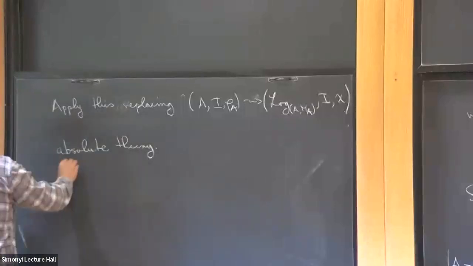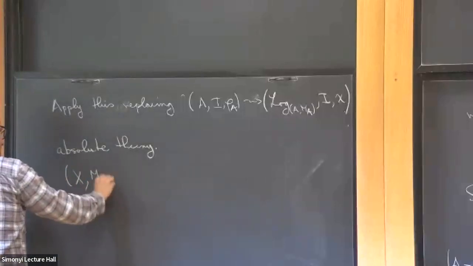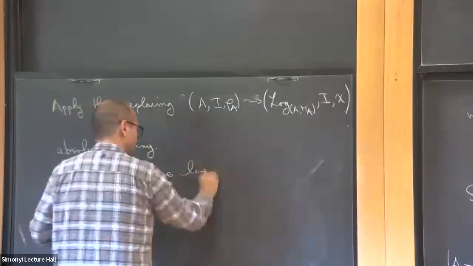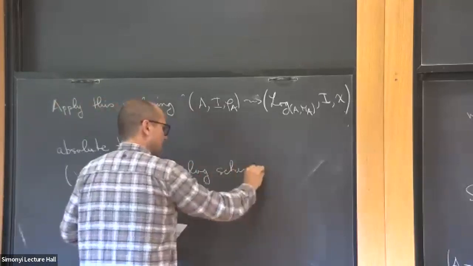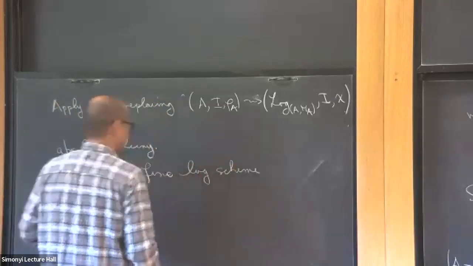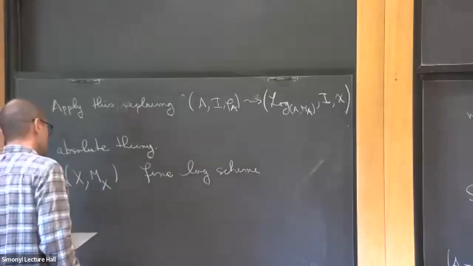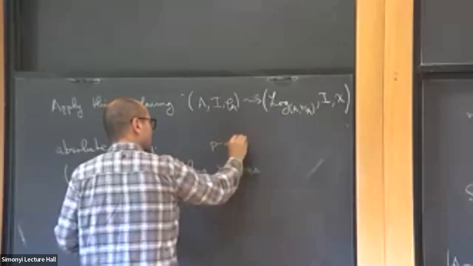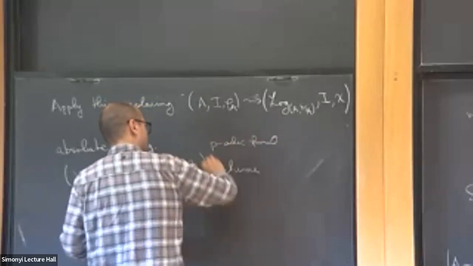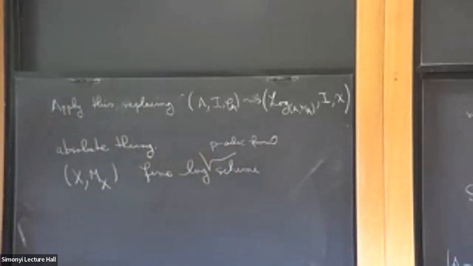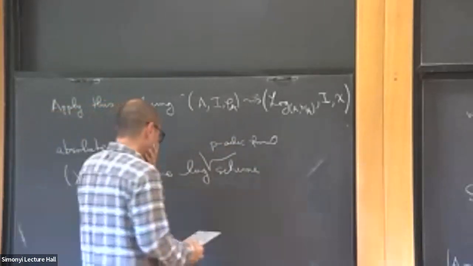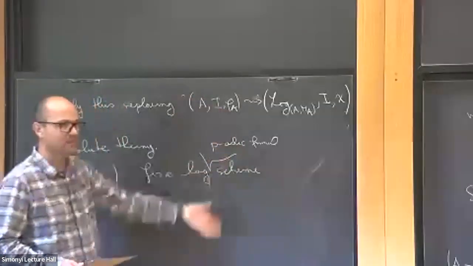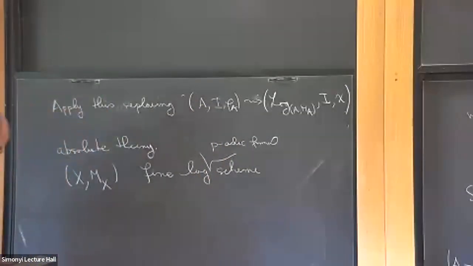So that's X, and X is a fine log scheme, possibly a fine log p-adic scheme, which I don't really need to worry too much about the definition of. It's a map from the formal scheme to the stack, so I can just define it that way.